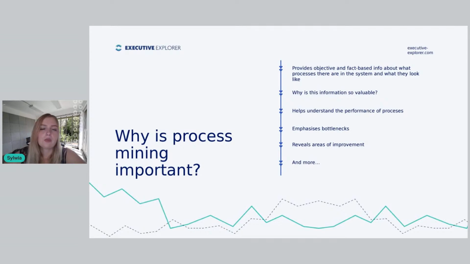Also, from process mining, we can see bottlenecks, especially in situations when processes are performed by different teams or different people, and one process may start only after the other one is finished. So being able to find such bottlenecks is really important. And those are only some of them. There are many more, and they differ from case to case.